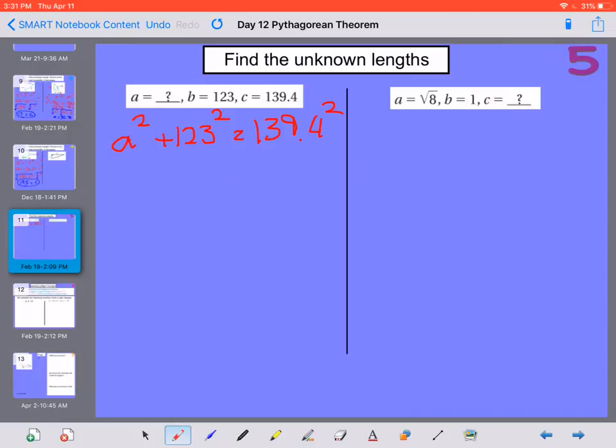So 123 times 123, that's going to give us 15,129 equals 139.4 times 139.4 gives us 19,432.36.